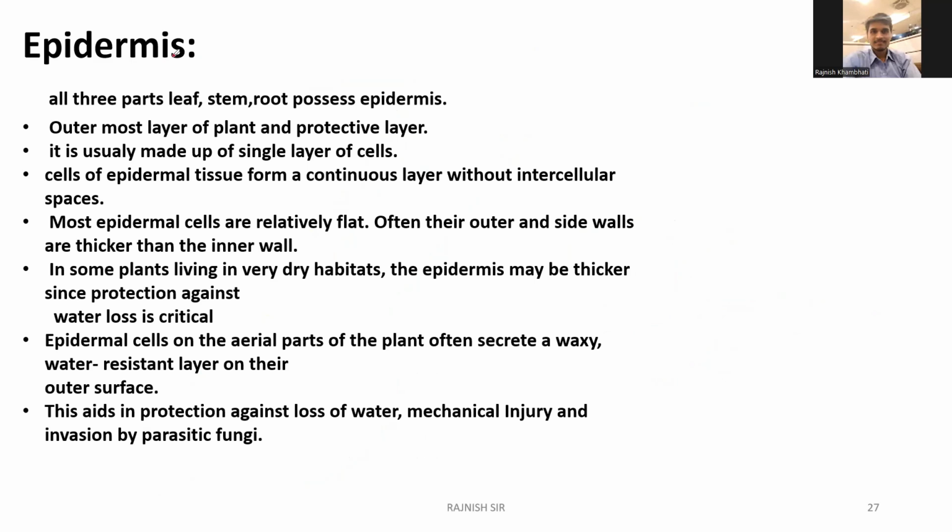Let's see everything. Epidermis is present in all three parts of a plant. Epidermis is there in the leaf, in the stem, in the root. Now, epidermis simply means outer protective structure.